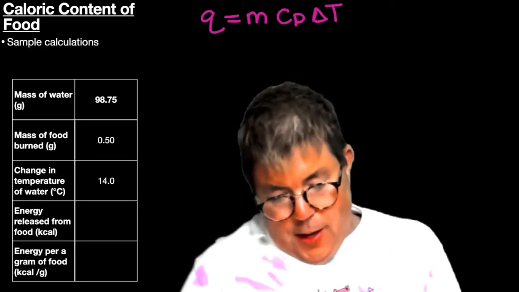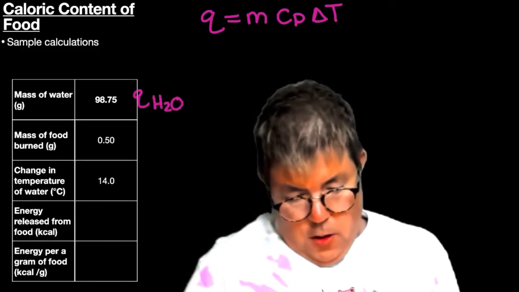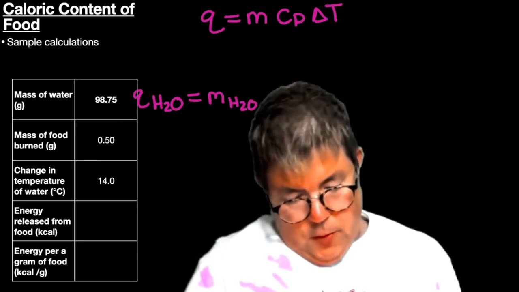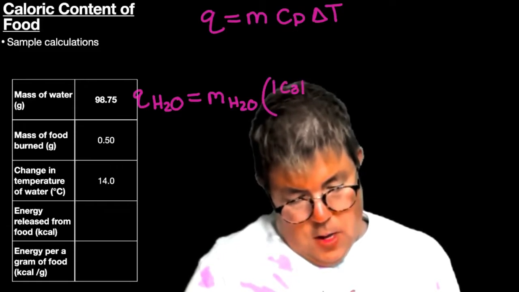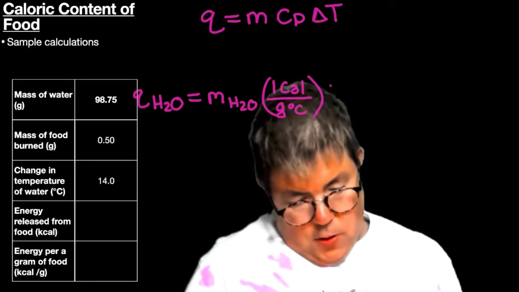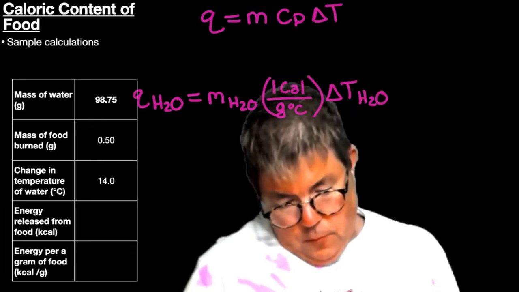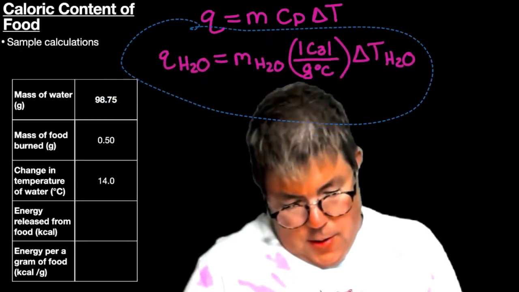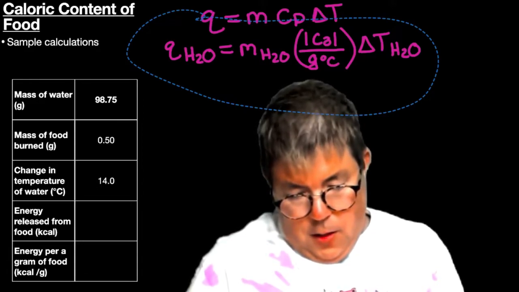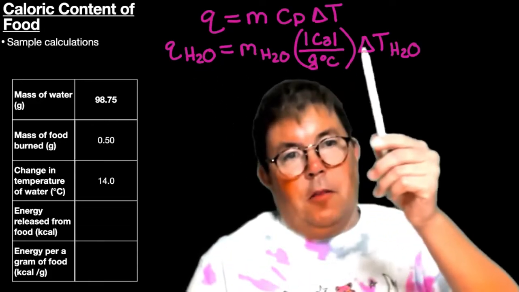So we are going to say that Q of H2O, or water, is equal to mass of H2O times the specific heat of water, which is 1 calorie per gram degree Celsius, times the change in temperature of the water. So there is the specific formula we are going to be using when we are talking about the water.